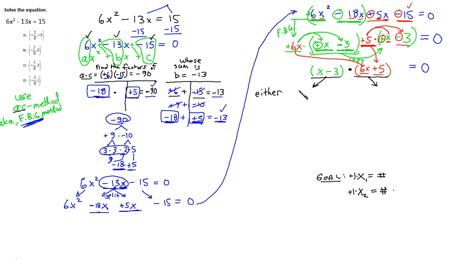Either x minus 3, this factor, is 0, and when I say the word is, I write the equal sign, or this other factor, 6x plus 5, must be 0. And when I say must be, I write the equal sign. One of these two factors must be 0.